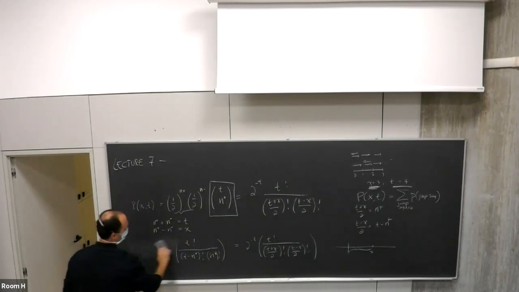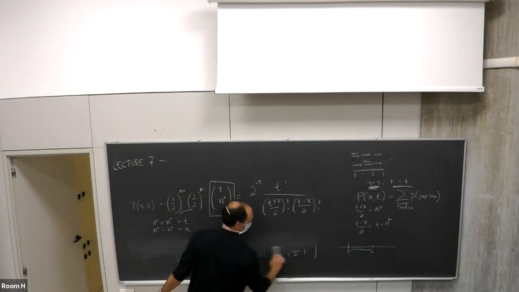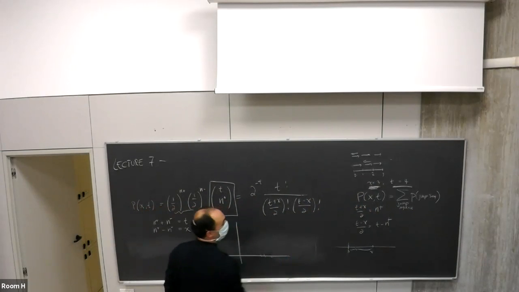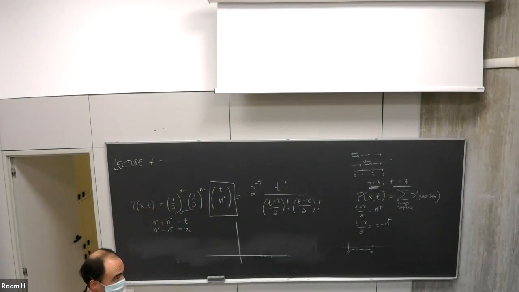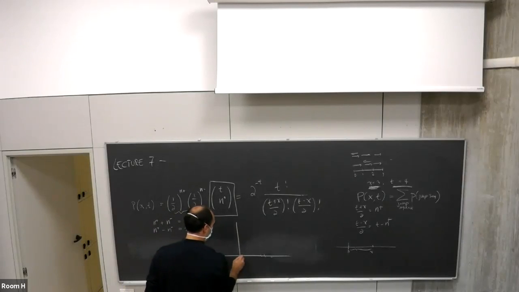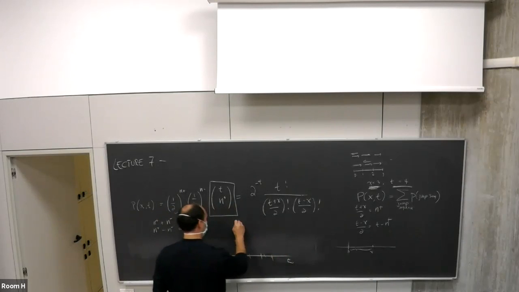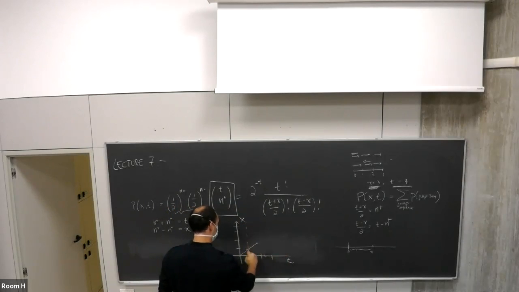I think the tree is probably the easiest. So if I write a tree, let's say, to know, for example, how to be at 3 at time 4, at time 0, 1, 2, 3, and 4. One option is forward, then forward, then backward and then forward.